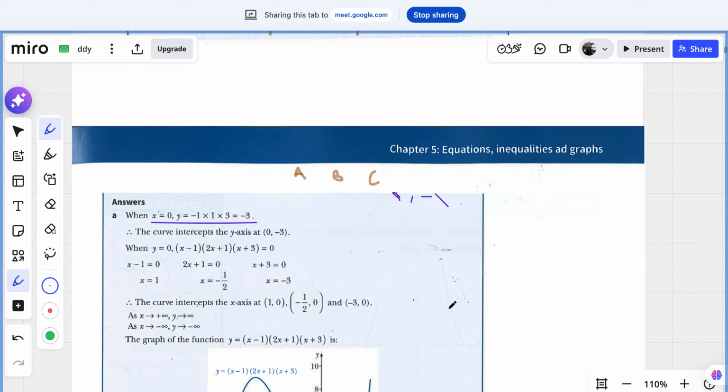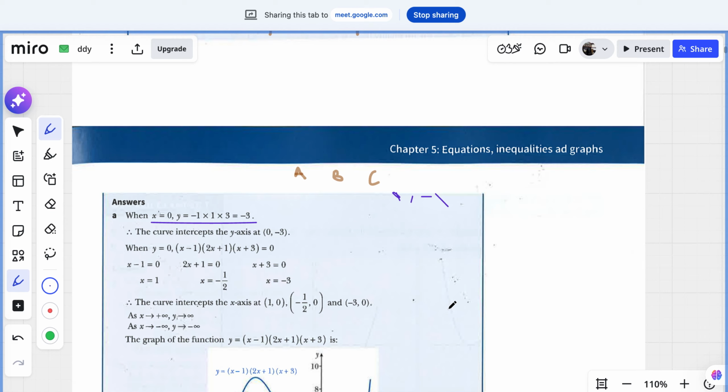Now let's deal with this. What is x here? First, you move positive 1 to this side, it becomes -1. Then you divide both sides by 2. X will be equal to -1 over 2, which is -half.